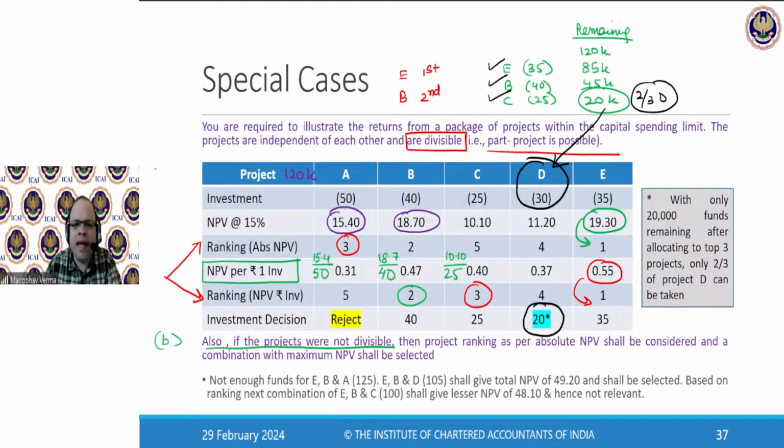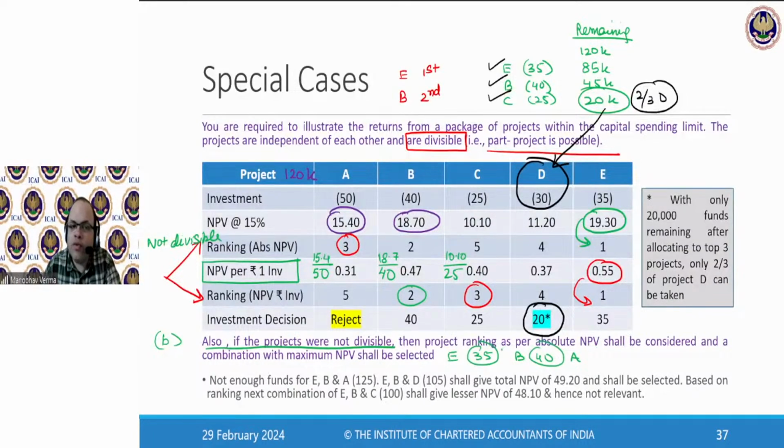I will be going with the NPV ranking if it is not divisible. So I will definitely go with E. If you see E, B, and A by NPV ranking, E will take your 35, B will take your 40. But for option A, you don't have enough funds. You've already exhausted 75 here.